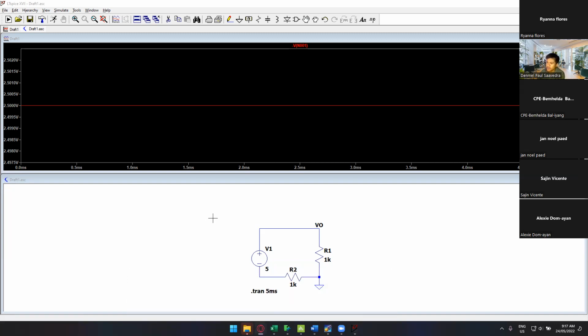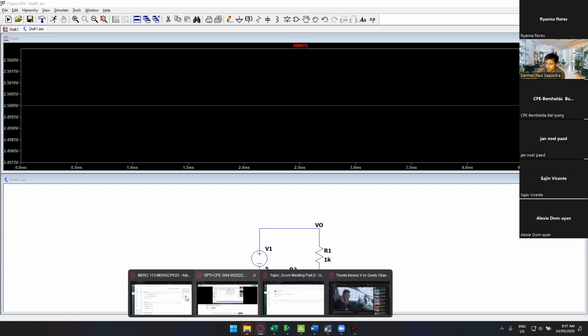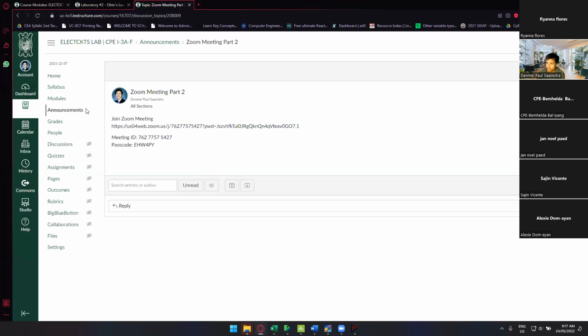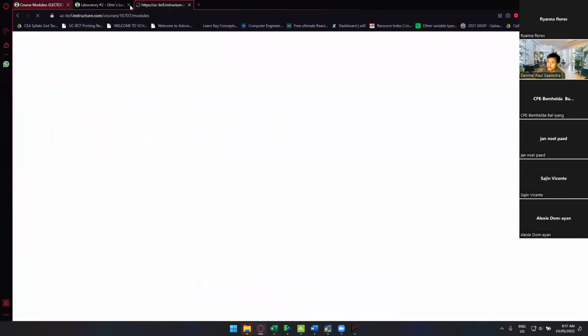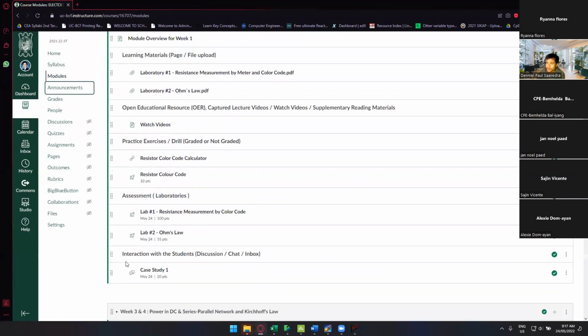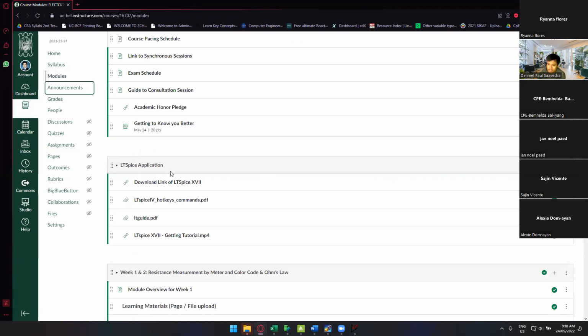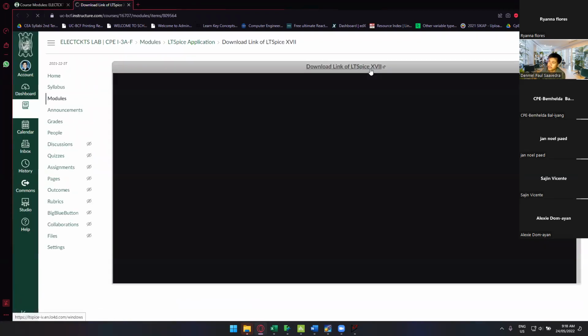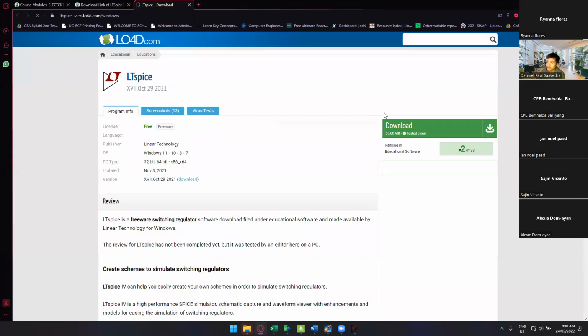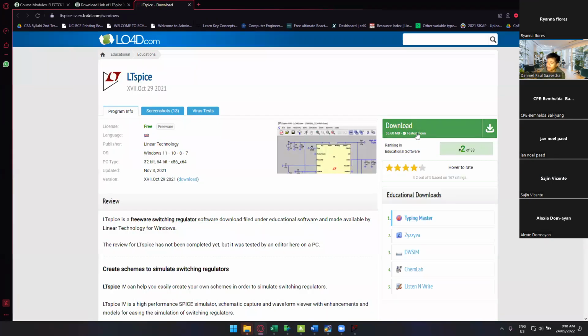So in installing the Altispice, I also gave the instructions. Here, we have the Altispice application. We have here the download link. Or if this will not work, you can download it right here.